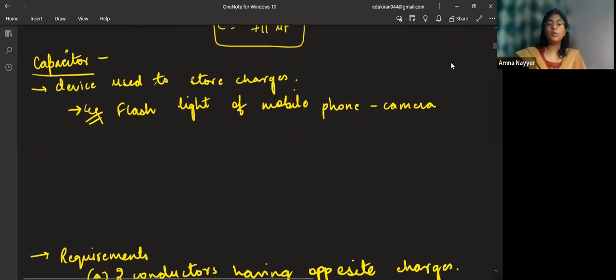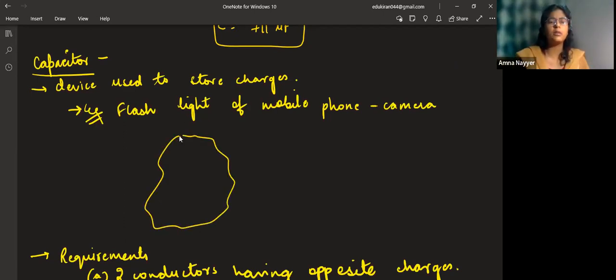Okay, class. Now starting with the capacitors, which is the main topic. See how to construct a capacitor. The best way to construct a capacitor is to take any two conductors, of random shape. I'll take random shapes right now.